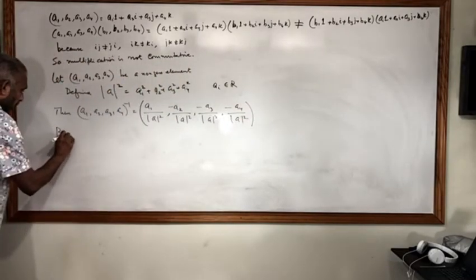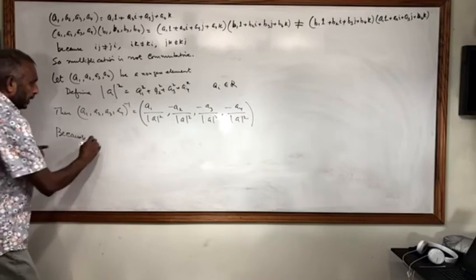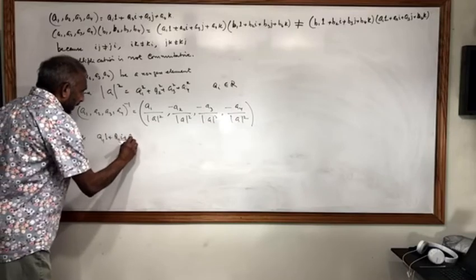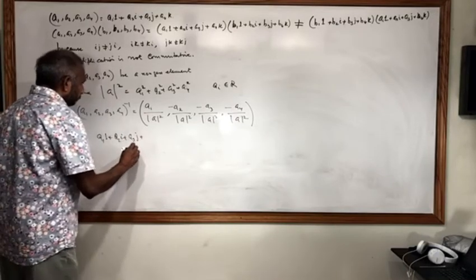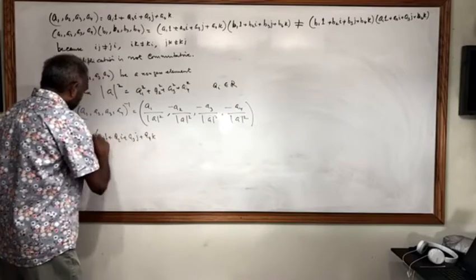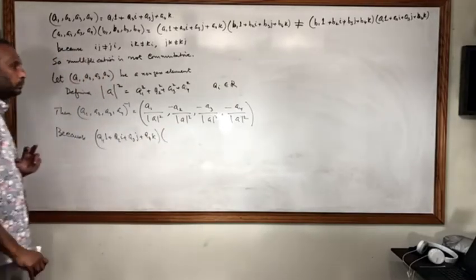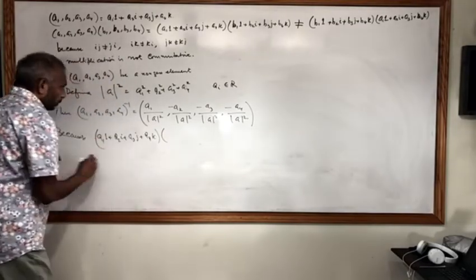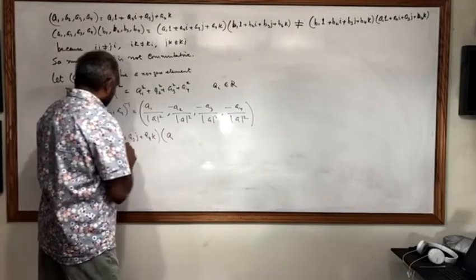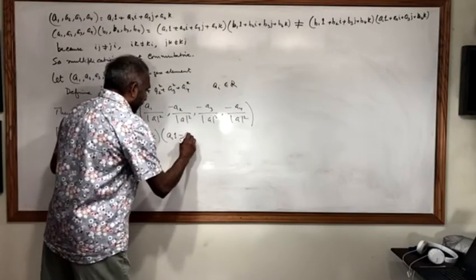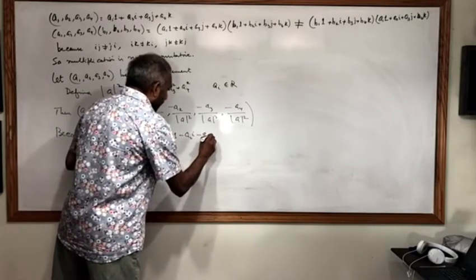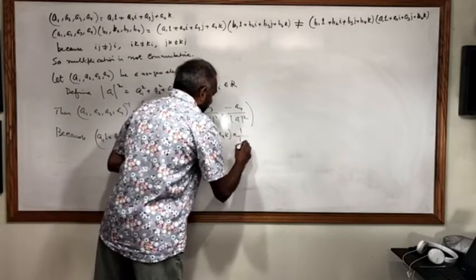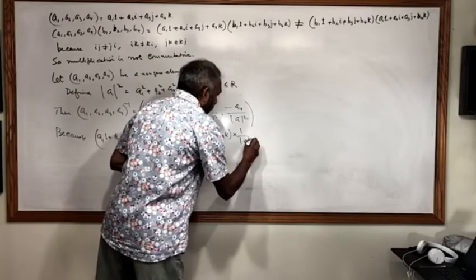Because (a1 + a2i + a3j + a4k) times (a1·1 minus a2i minus a3j minus a4k) times 1 by A square will be equal to 1.